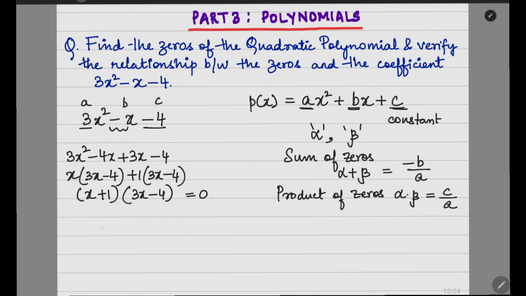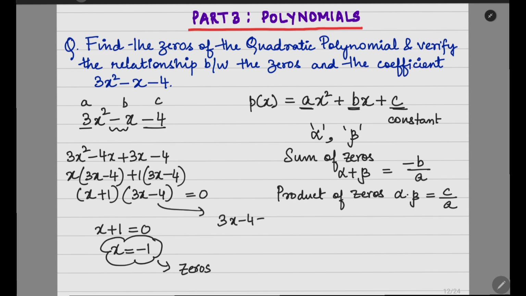Either you will have x plus 1 equal to 0, which is nothing but x is equal to minus 1. This is one of the roots or zeros. And the other one is 3x minus 4 equal to 0, or 3x is equal to 4, or x is equal to 4 by 3.